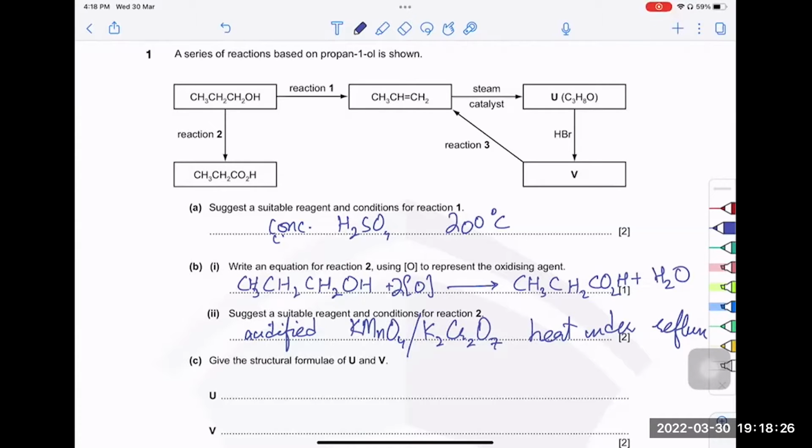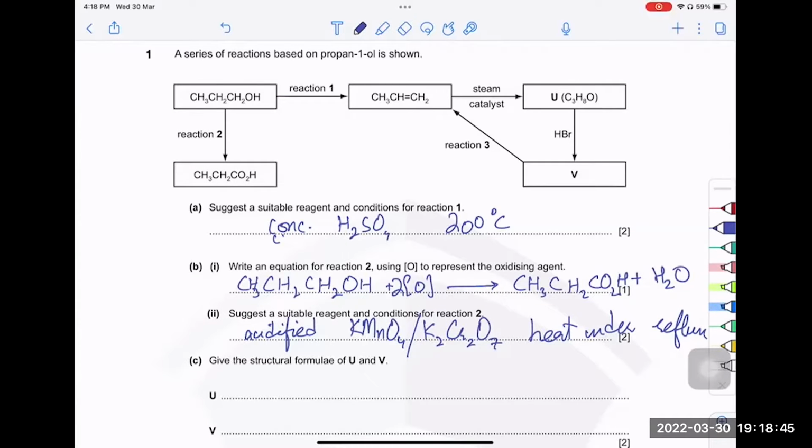Give the structural formula of U and V. Okay, so U will be either propan-1-ol or propan-2-ol. Assuming this is propan-2-ol, in fact, we can just write both of them.